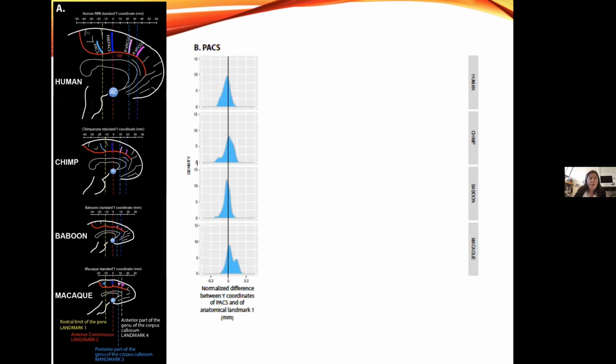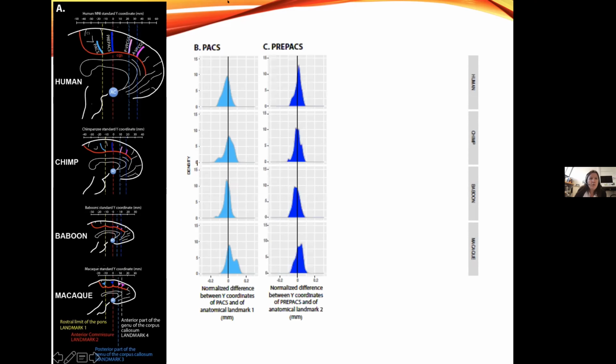If we look at the paracentral sulcus, here we represent the antero-posterior level, this is the Y value, compared to a specific anatomical landmark, here the rostral limit of the pons. We can see that the paracentral sulcus is located at the level of the rostral limit of the pons in all primate brains. The pre-paracentral sulcus is located in all primates at the level of the anterior commissure here.